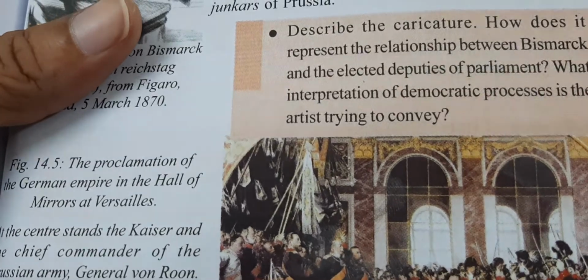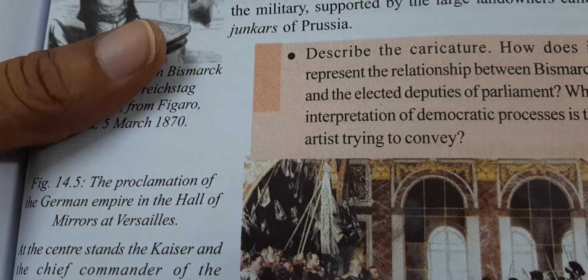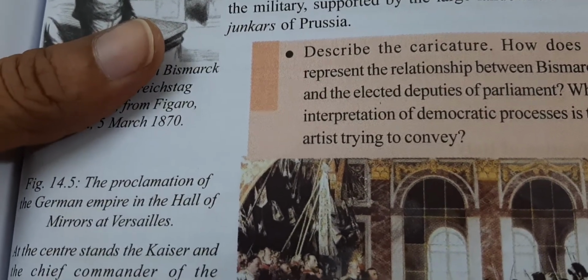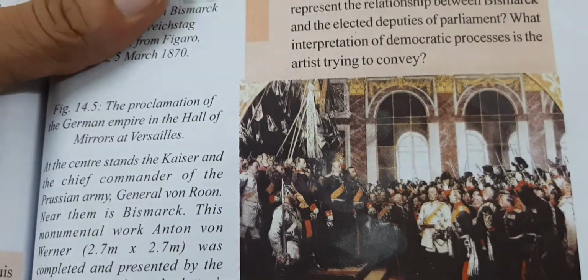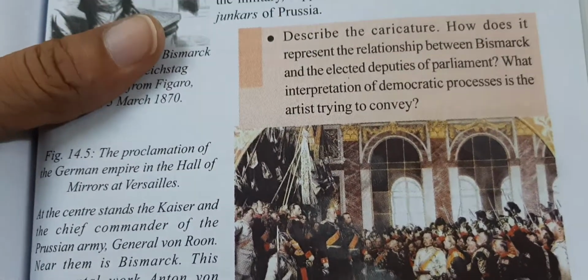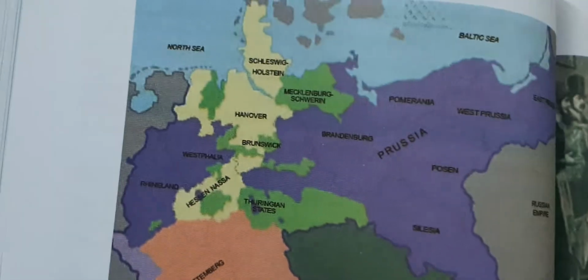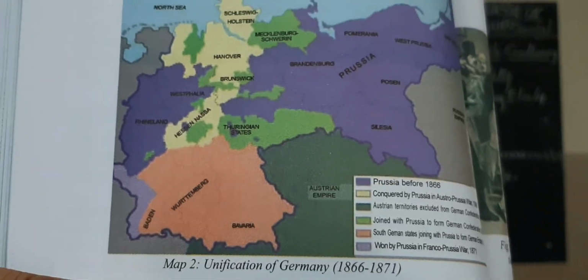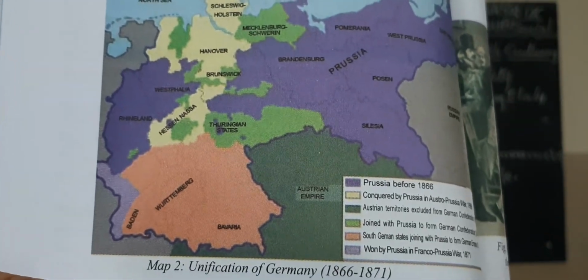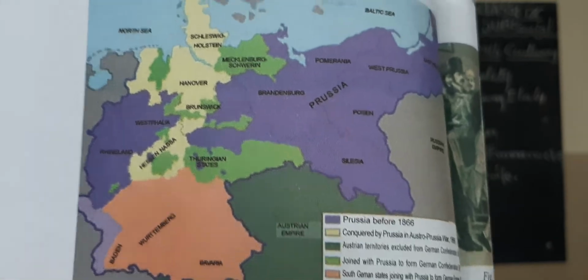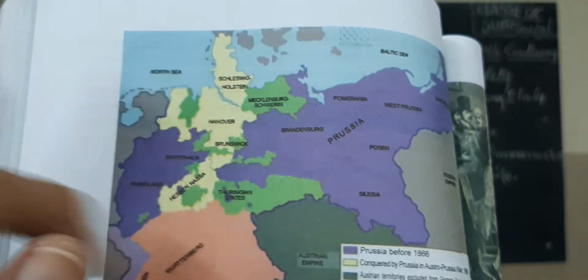The proclamation of the German Empire in the Hall of Mirrors at Versailles. It is a big, beautiful building. Now children, look, this is the unification of Germany between 1866 and 1871. Look at what the states are, etc.